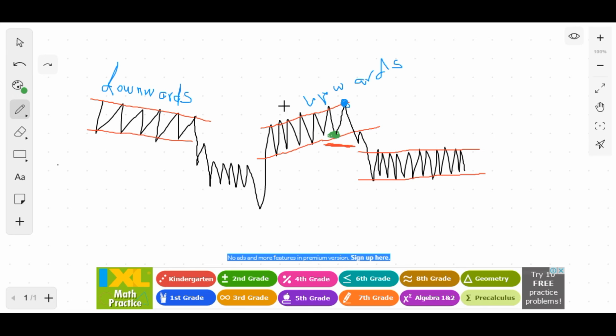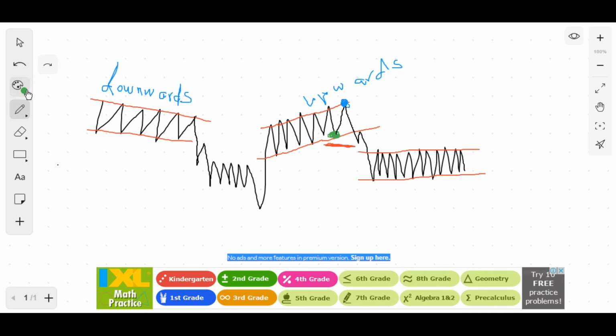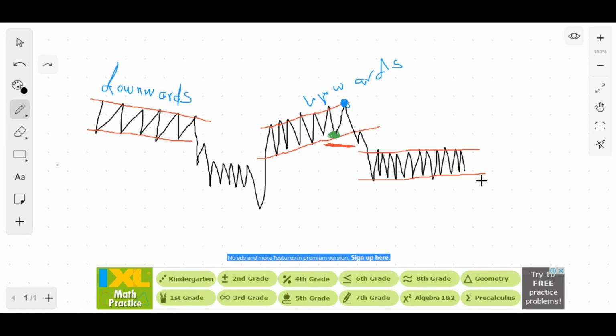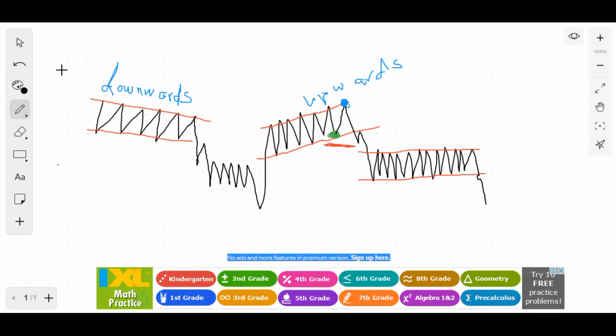Okay, a retest of the line. So like this. Like this, broke out, and then let me continue.